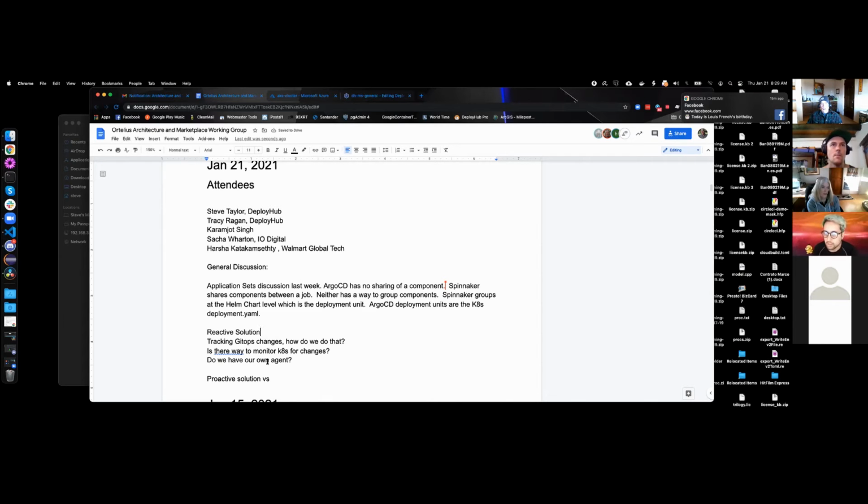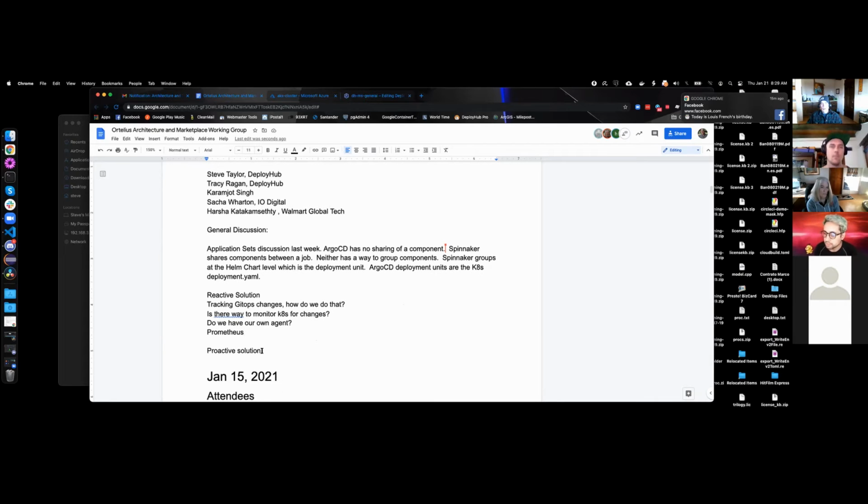Well, for the reactive side of the solution, I think in most cases it's looking at the same image repository and source repository. So if Argo is just going to consume Git, it's all it does.